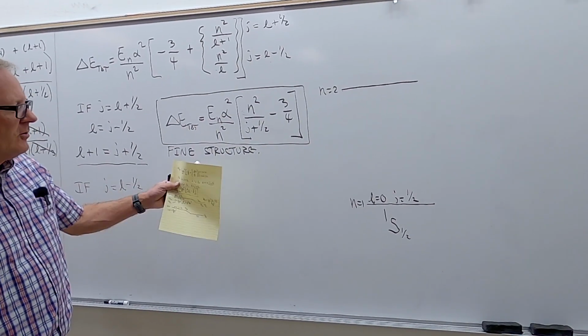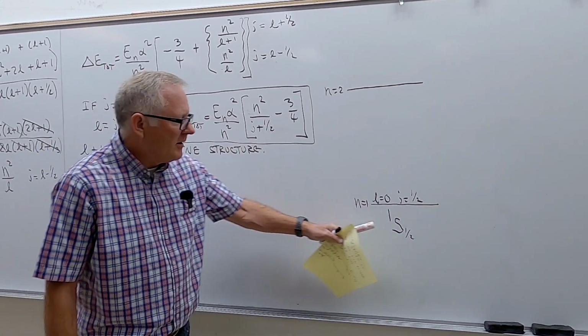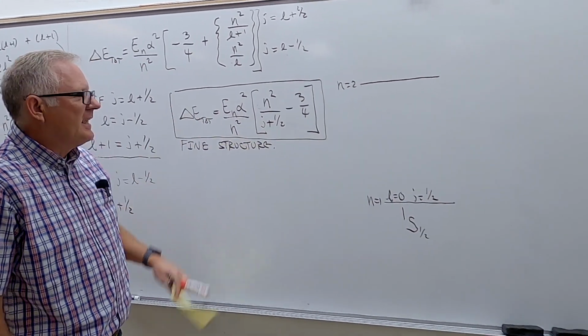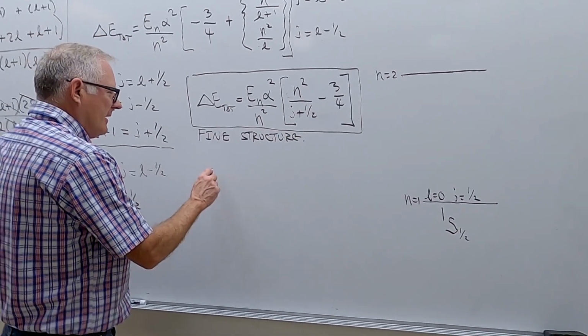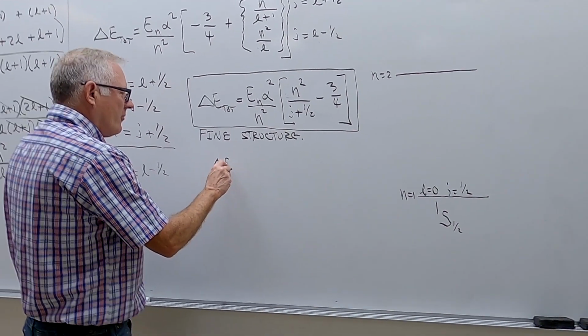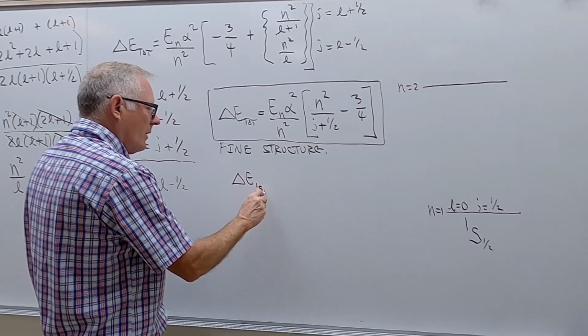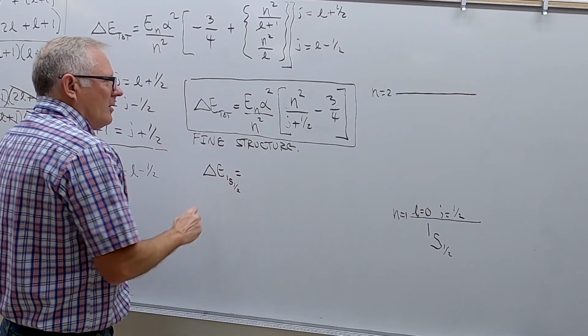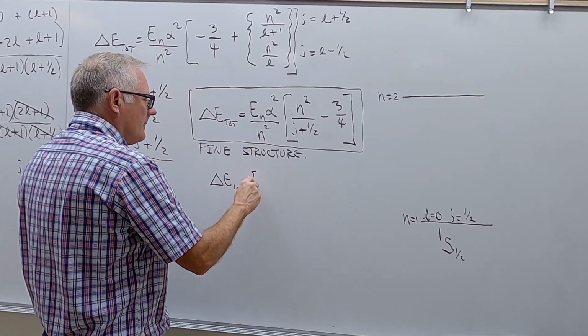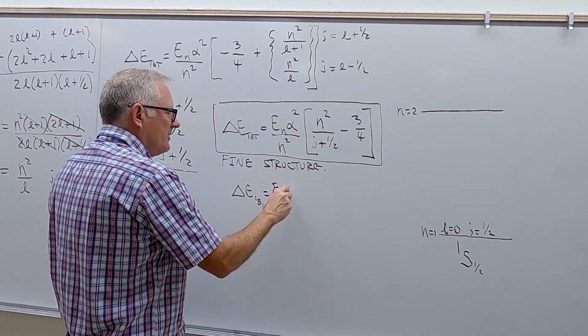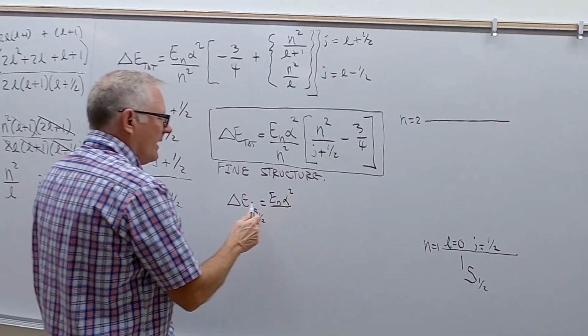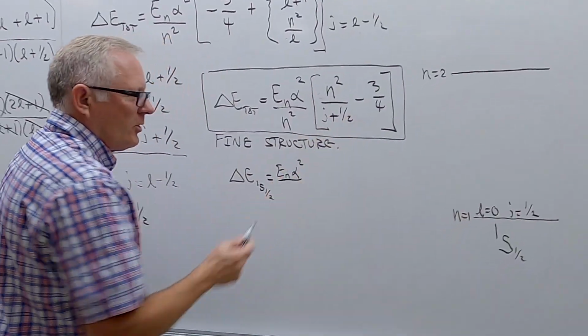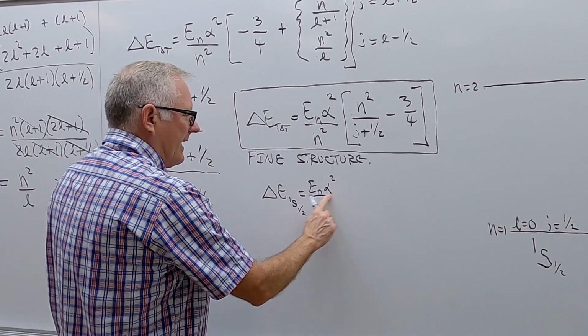Now if we come up to here and see how much the energy shifted by, the delta E for the 1s 1/2 would be E sub n alpha squared all over, well, n is 1, so I don't have to put any 1 right there.